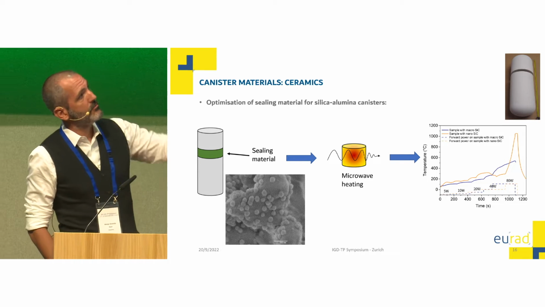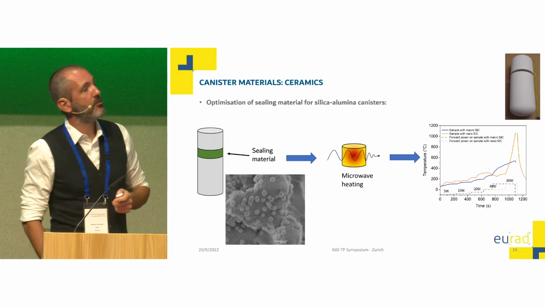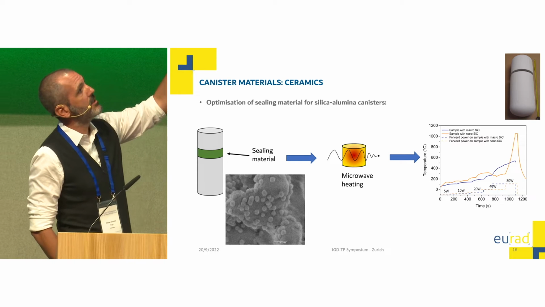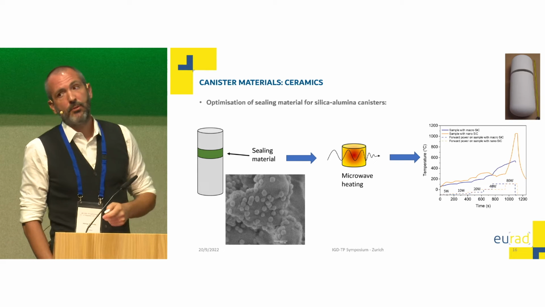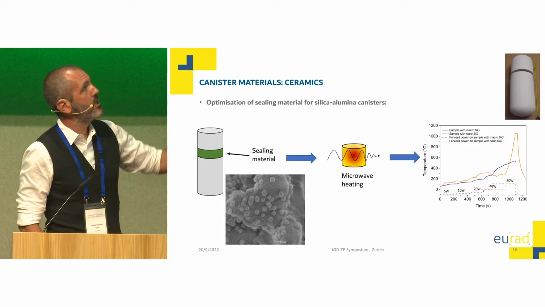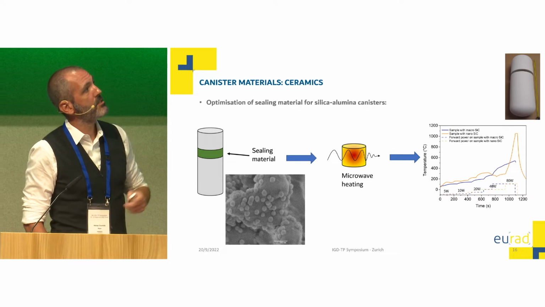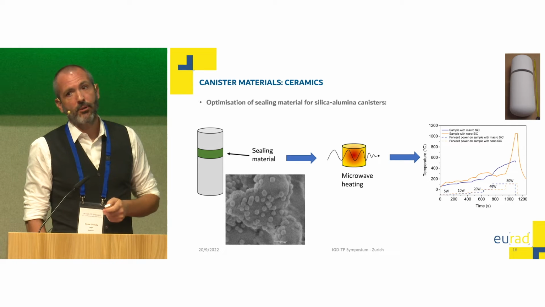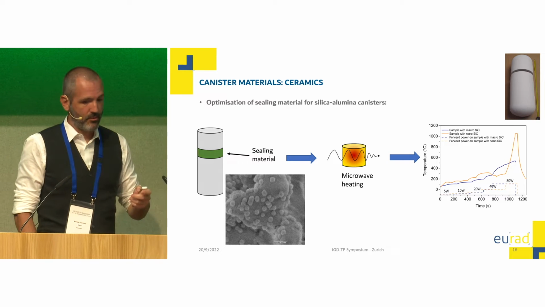You would have a kind of canister, like you can see there on the top right, which is a prototype from Andhra. You would use a sealing material to put the lid on the main body, and in order to do that, you need to heat it. What we are doing there is trying to optimize the sealing material you put between the two pieces to make it more reactive to microwave heating, to allow the two pieces of ceramic to be sealed together.